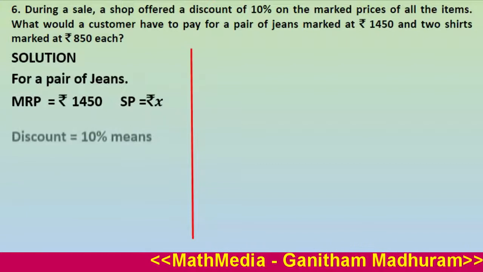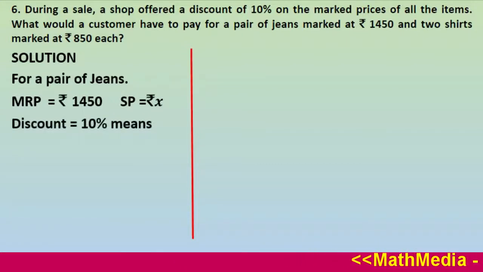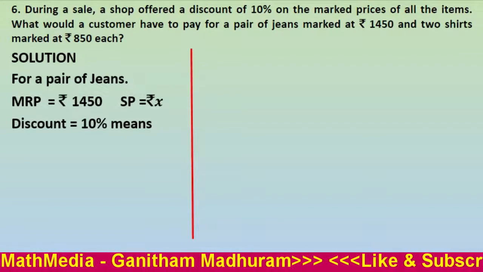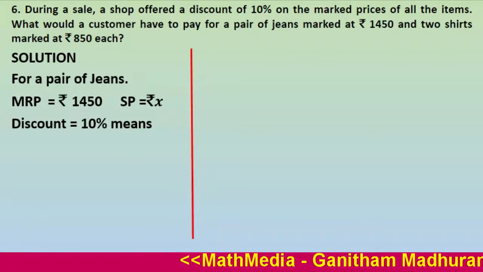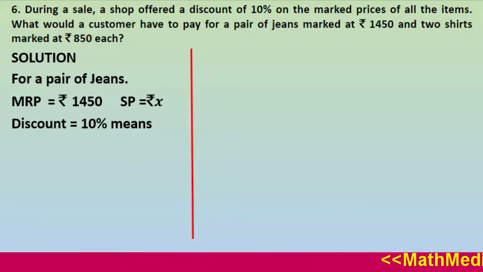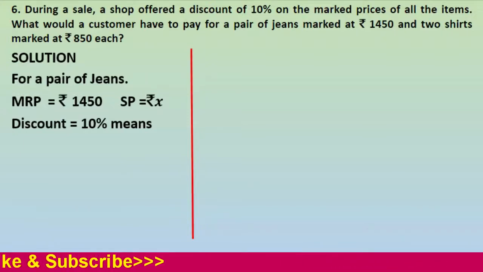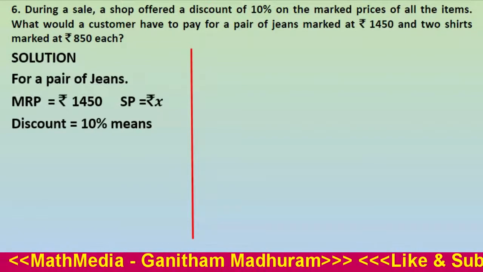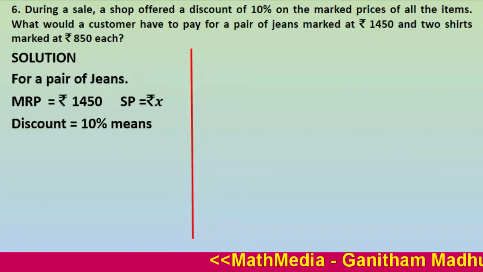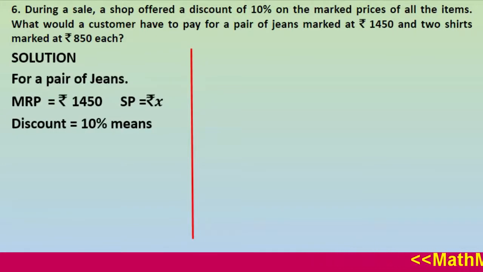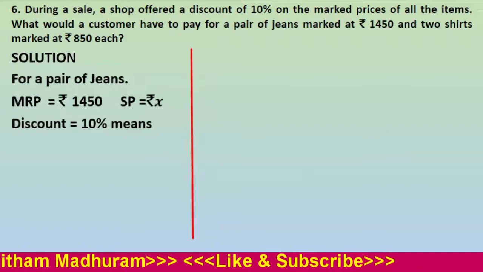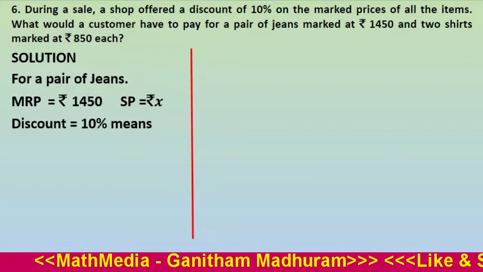Now it is given discount equal to 10%, and percentage means always out of 100. Here discount is based on MRP. So we can consider if MRP is rupees 100, then the selling price will be rupees 90. How? For every 100 rupees we are getting a discount of rupees 10.